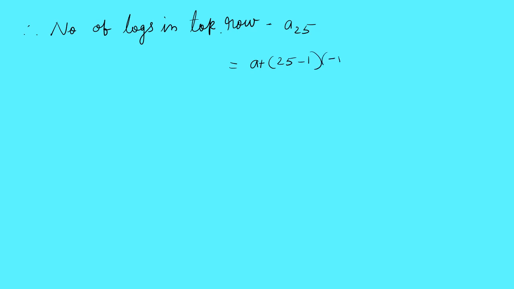Therefore, for the number of logs in the top row, first we will take the 25th row, that is a25, which is equal to a plus (n minus 1) d, that is a plus (25 minus 1) into d. d is minus 1, that is a plus 24 multiplied by minus 1. a is 20, that is 20 minus 24 equal to minus 4.